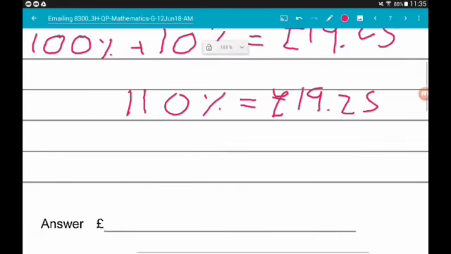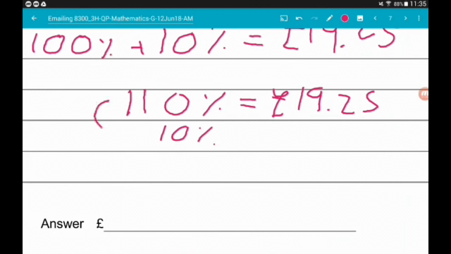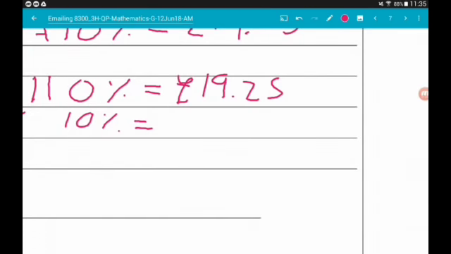So to get from 110% to 10%, we're going to divide both sides by 11. So we're going to get 10% by dividing by 11 is equal to 19.25 divided by 11, which is going to give us £1.75.